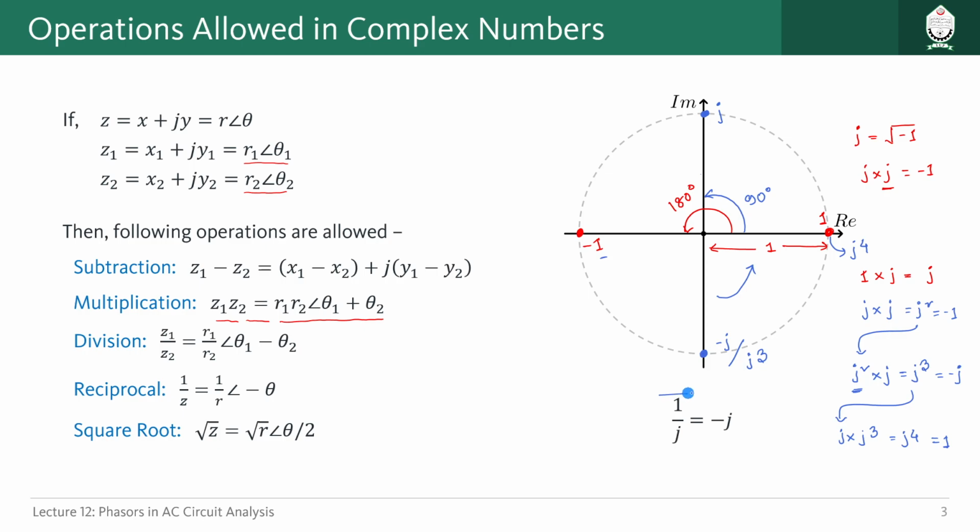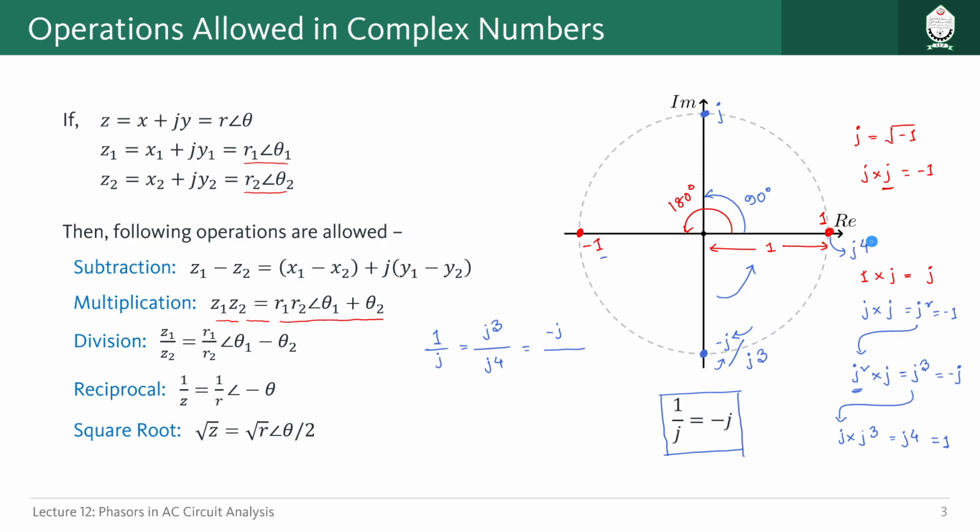Now, can we actually prove this one based on that? To prove that, we can just write 1 divided by j, which can be written as j cube divided by j to the power 4, and j cube is equal to minus j, as we had earlier seen, right?